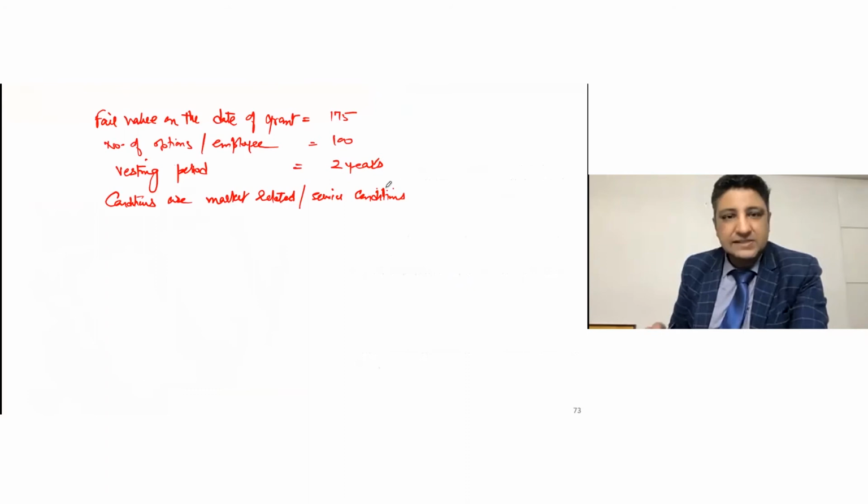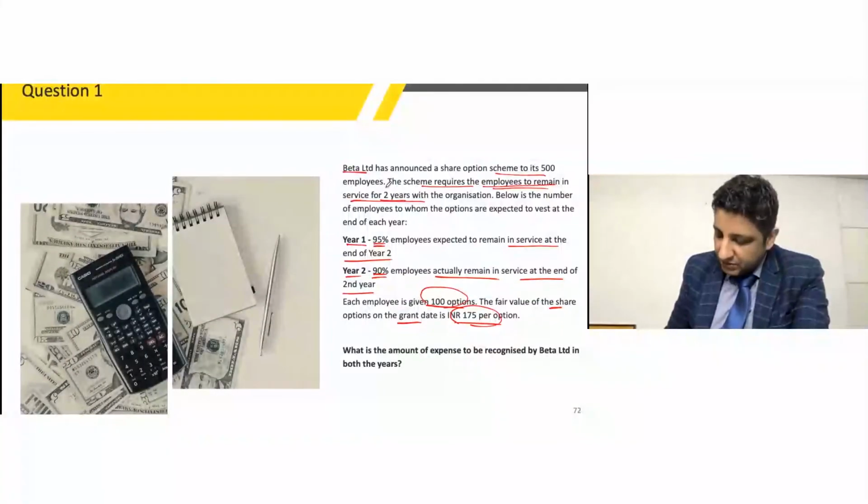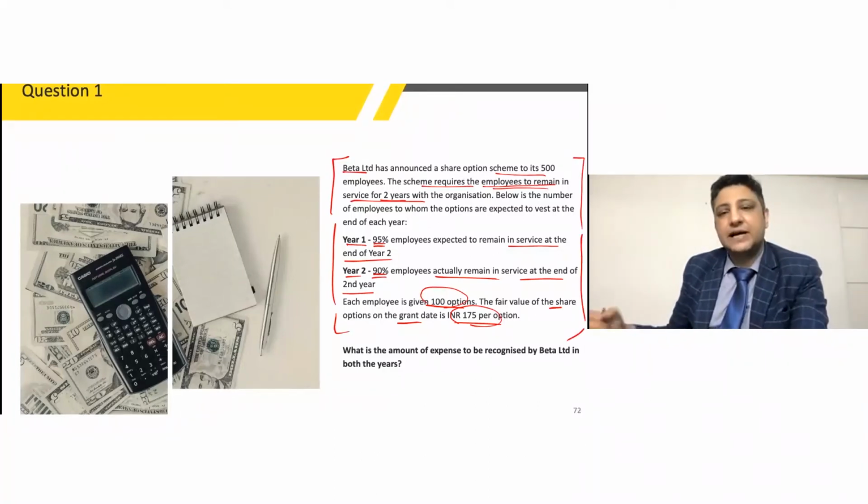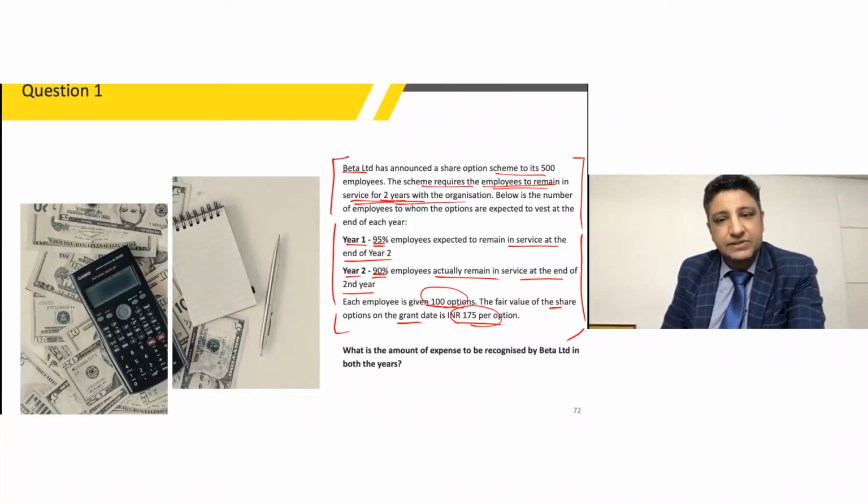Essentially, in this scenario, there is no reference to market conditions, wherein you're looking at the share price of the entity, the market capitalization, or the value of the company. So there is no parameter around that. The only requirement is the service condition or the performance condition as far as this scenario is concerned.